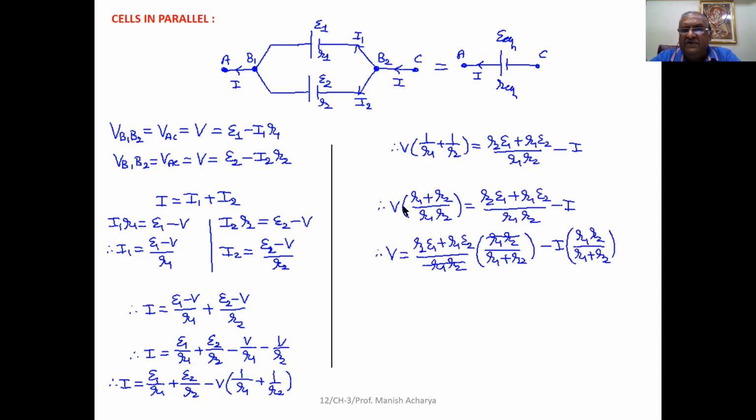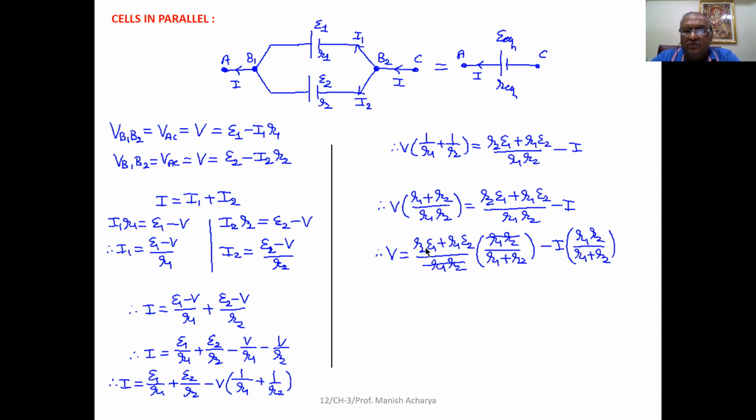Therefore, V into, here again R1 R2 is taken as LCM. So (R1 plus R2) upon R1 R2 is equal to (R2 E1 plus R1 E2) upon R1 R2. Now take this bracketed term on the left hand side to the right hand side.